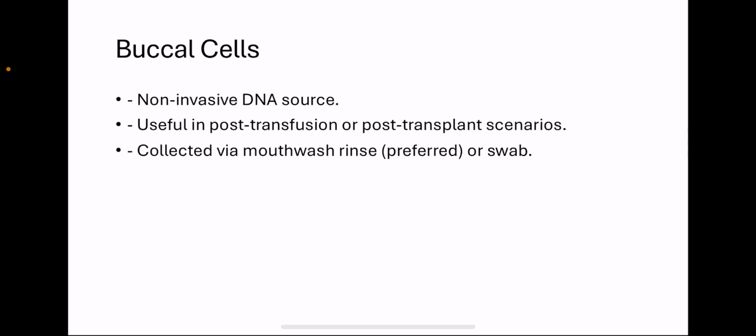For example, if you rinse with a saline solution, that'll help get the cells off of the walls of your mouth. If the person does use swabs, they must be PCR compatible, such as Dacron or Rayon swabs with plastic shafts, because wooden ones can cause problems sometimes.